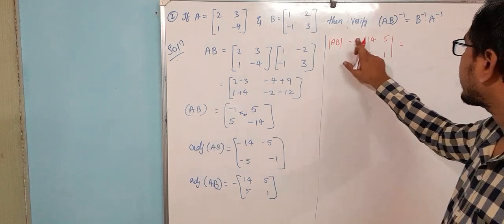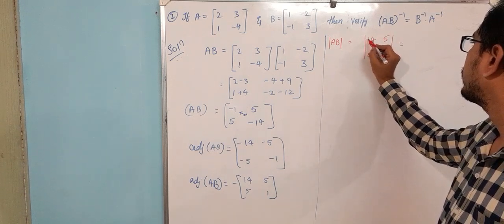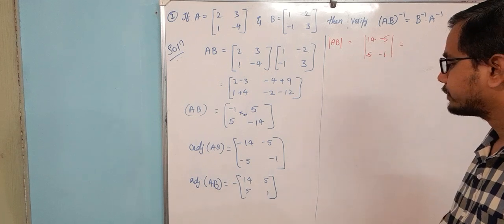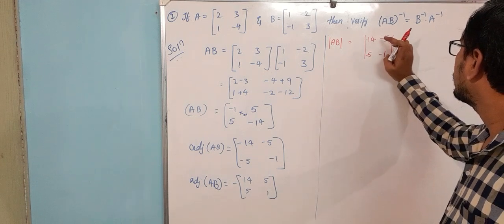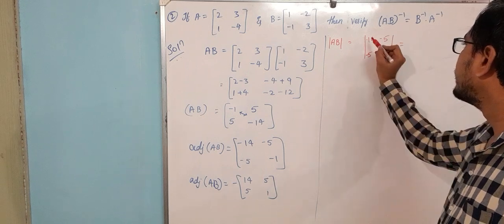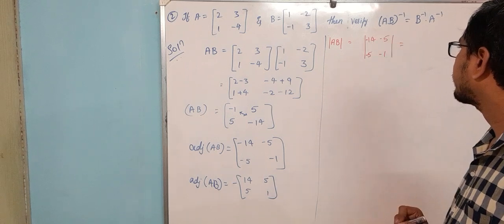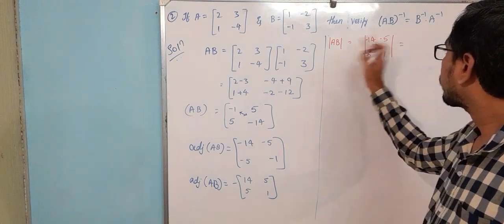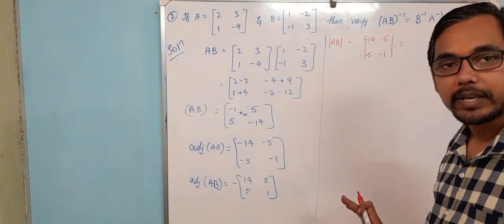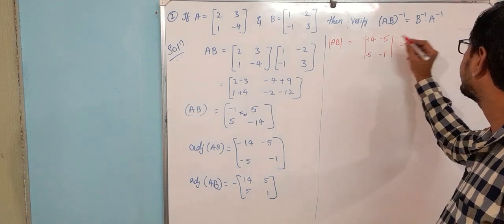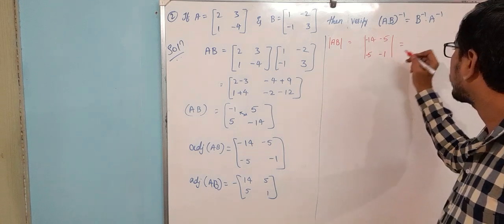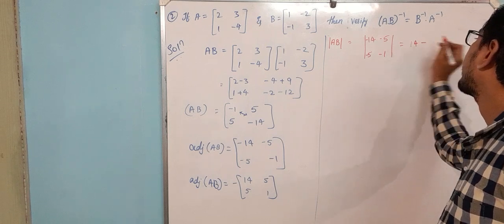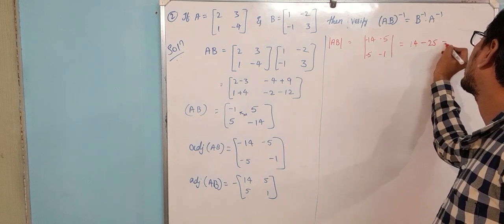Or you write minus on each element: -14, -5, -5 and -1. From the first row minus and from the second row minus comes out. So what remains? -14 into -1 is 14, 5 into 5 is 25.